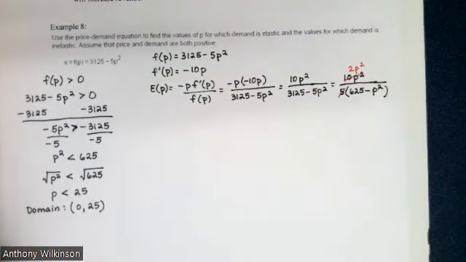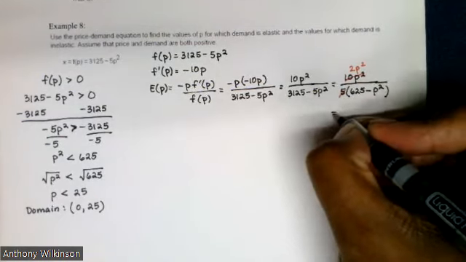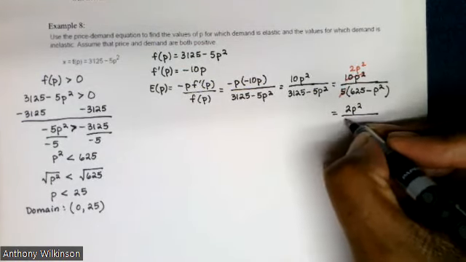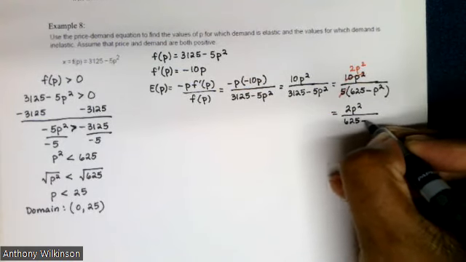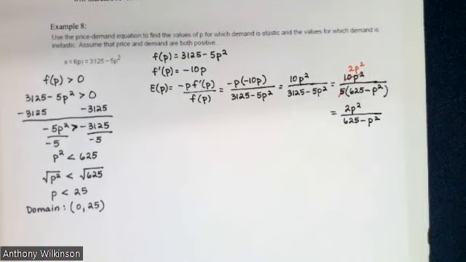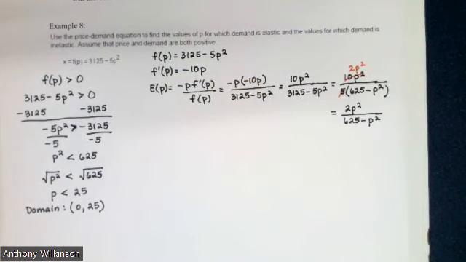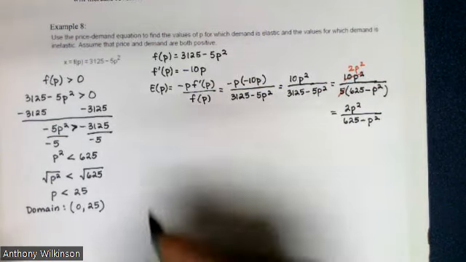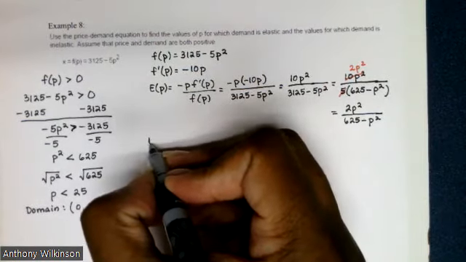So I have positive 2p squared divided by 625 minus p squared. So that's your elasticity function, E of P. Now we're going to use this to find out the values for which the demand is elastic. Let's start with that.